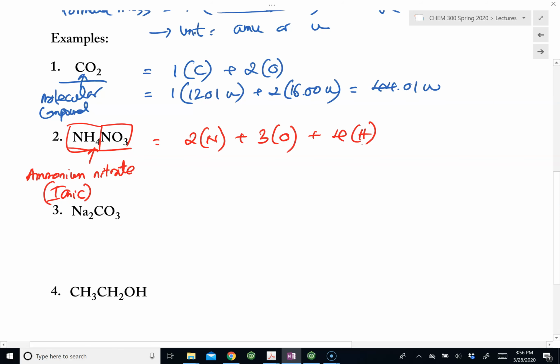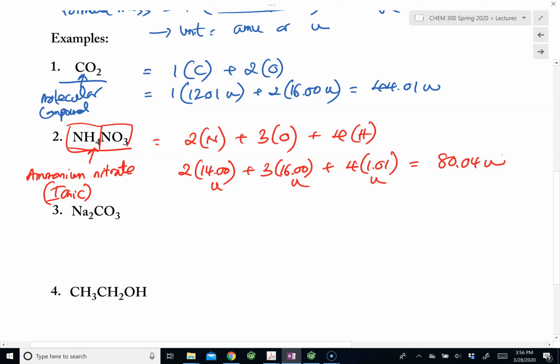Adding all of this together, 2 nitrogen, each nitrogen is 14.00, 3 oxygen, each oxygen is 16.00, and 4 hydrogen, each hydrogen is 1.01, and they all have unit U, or the atomic mass unit. If we add this together, this will equal 80.04 U.